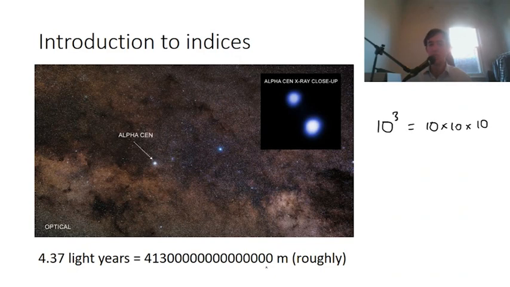In physics and science in general, you're often dealing with enormous numbers, or enormously small numbers, and you have to write them in an easier way. So that's one reason that indices are useful, because you can write this as 413 times 10 to the power of 14. This is a lot simpler and easier to look at, and we can still get a sense of how big the number is because of this 14 over here.